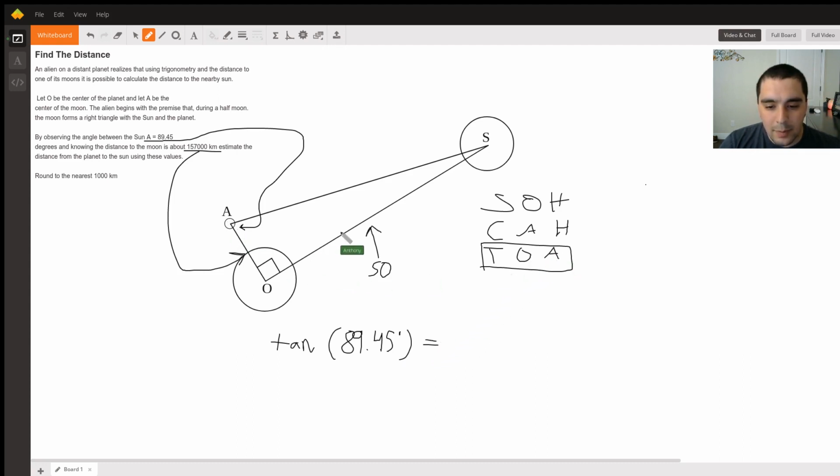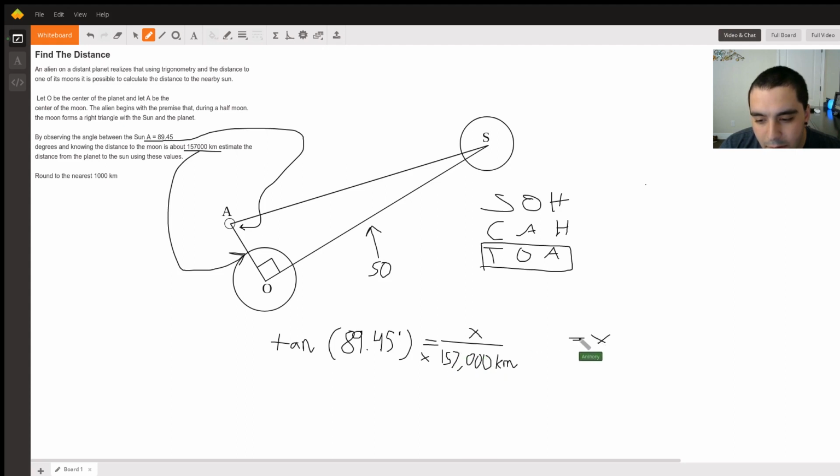In this case, the opposite is our unknown. We'll just call that x. And then over the adjacent, which is what we know, that's 157,000 km. So all we have to do is multiply these two, and that'll remove this, and then we'll get what x is.